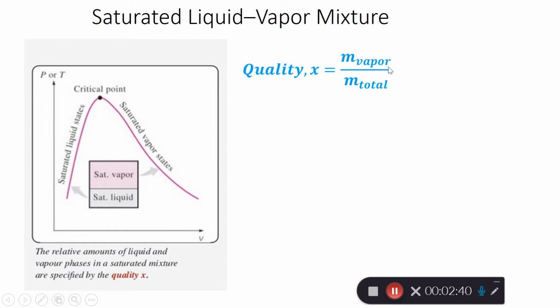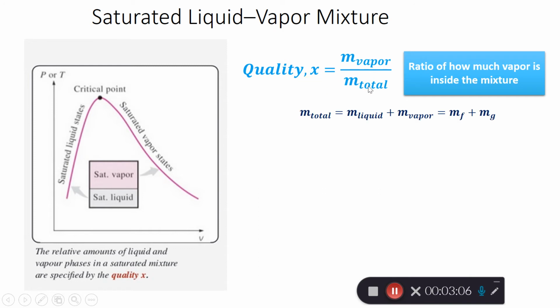If you look at the definition, it's actually just how much vapor is inside the entire system. In other words, it is the percentage of gas inside the mixture. In simple words, how much gas is inside the mixture? That is quality.